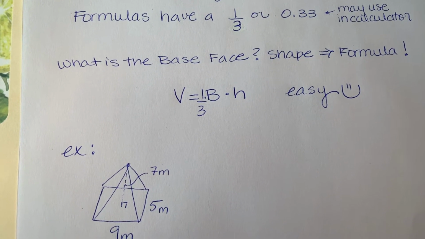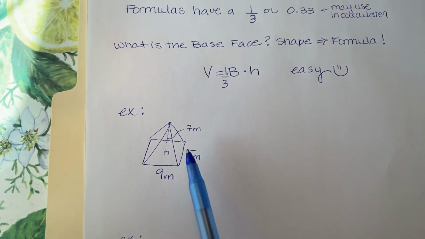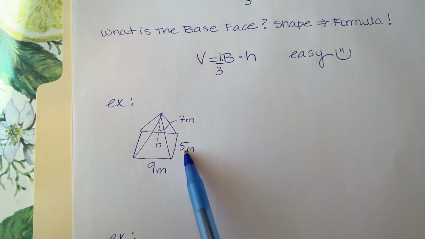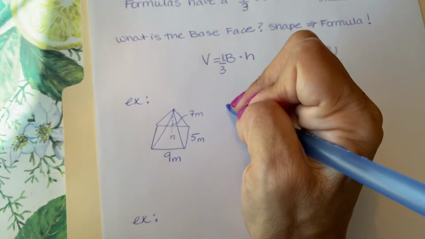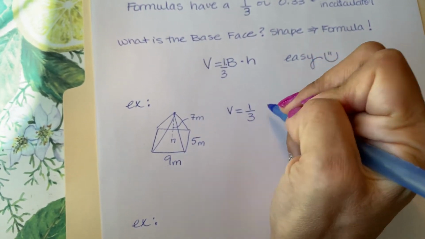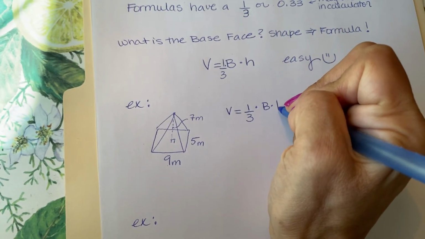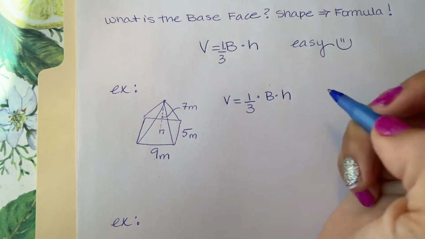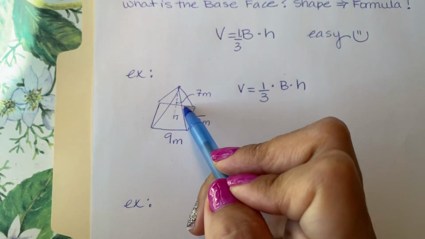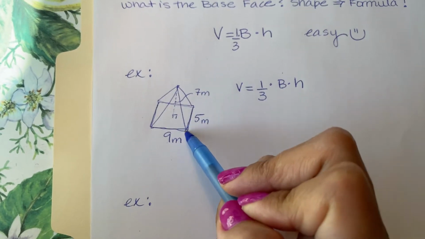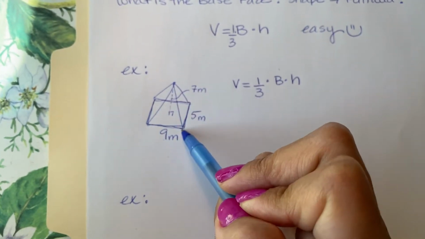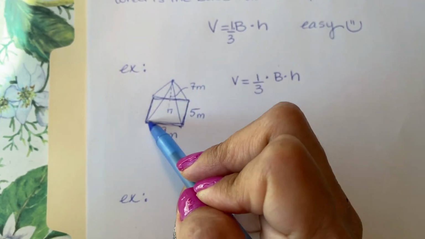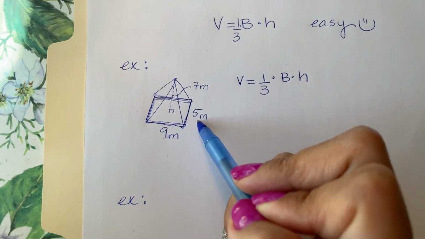If it's 9 by 5 by 7, I already know the volume is going to be 1/3 base times height. Now I need to know what is the shape of my base face. This is my base face right here. This is my capital B. That is a rectangle because it's a 9 by 5.